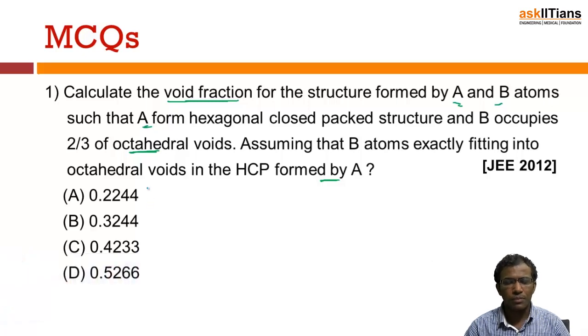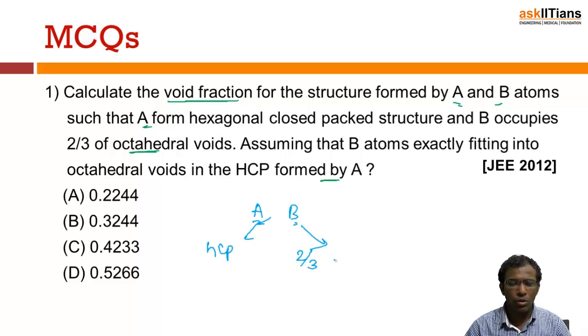So let's solve it. The structure is formed by A and B, A is occupying the HCP and B occupies 2/3 of octahedral voids. From this information you have to calculate the void fraction.